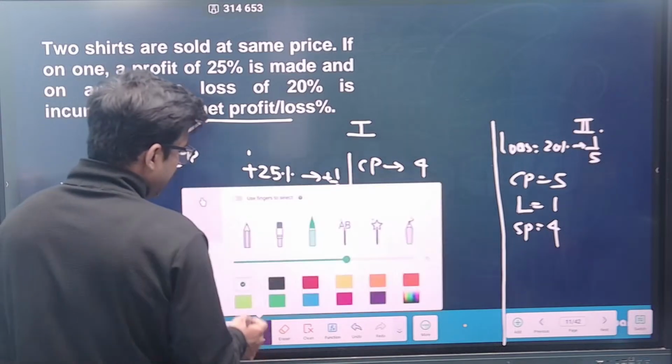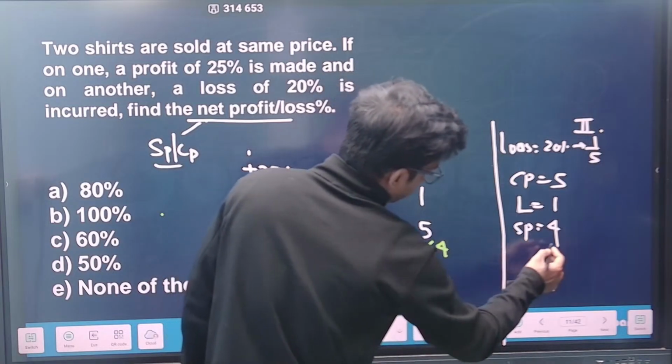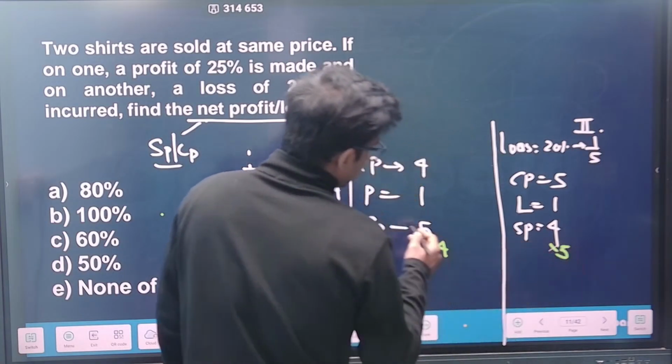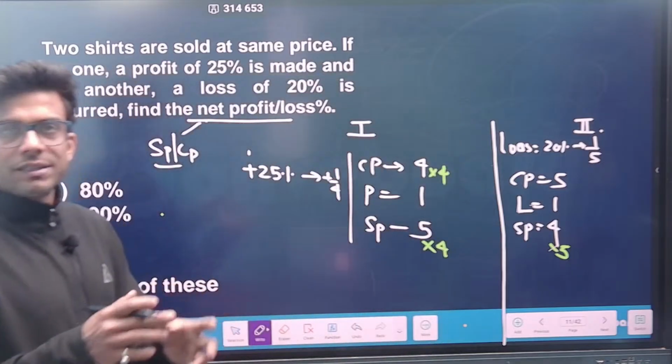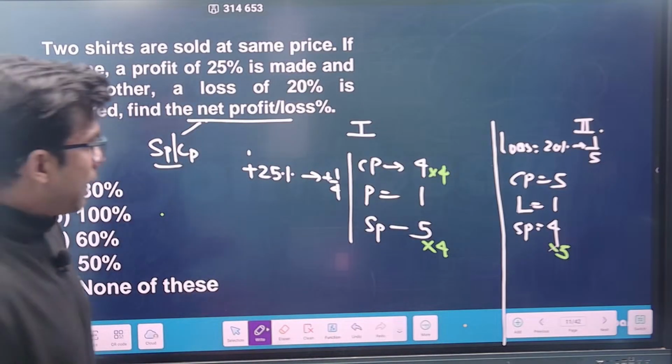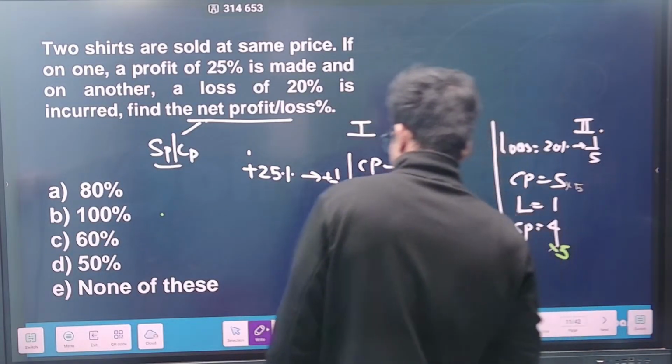So for making it equal, if I multiply this by 4 and if I multiply this by 5, if this is multiplied by 4, this would also be multiplied by 4. Everything would be same in nature, na? And this is also multiplied by 5, so can you understand the logic?